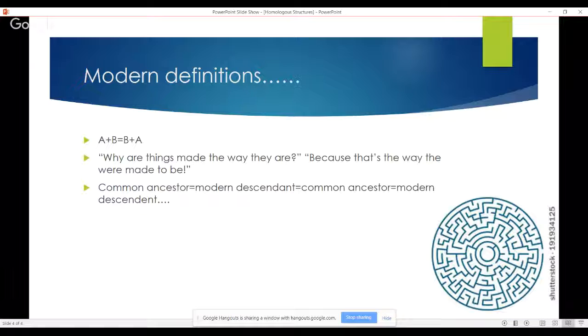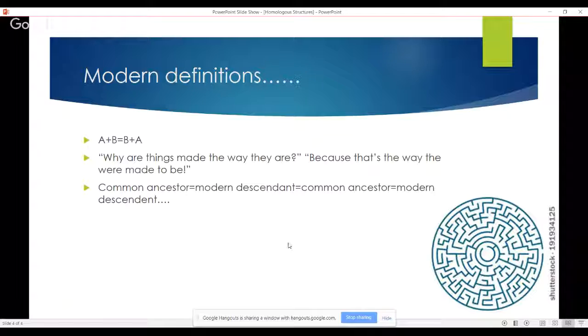But that was because they had a common ancestor. And the modern descendant comes from the common ancestor. And you just keep going back and forth. You can't stop the process. And that's the problem with circular reasoning.